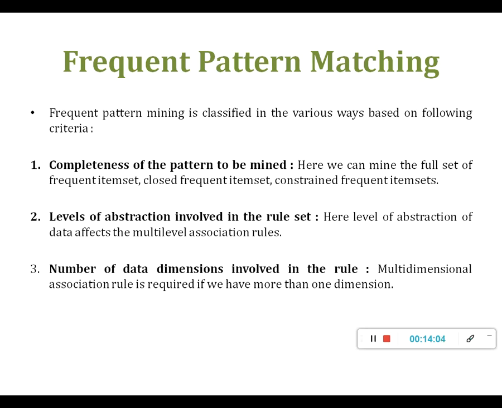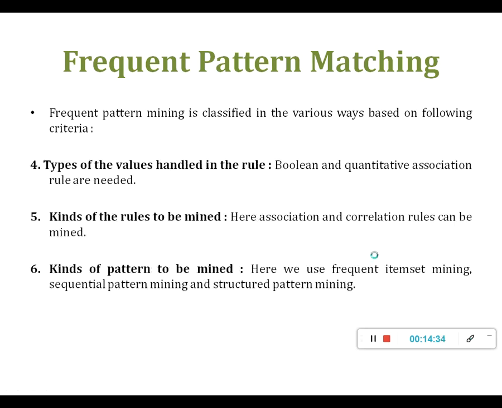By using the simple association rule, we can't handle multi-dimensional data, so we need the strong association rule. These are called multi-dimensional association rules, and they can only be used if we have more than one dimension in our data cube. Then we have to design a multi-dimensional association rule to handle such data. These are the three criteria that should be satisfied for frequent pattern matching.